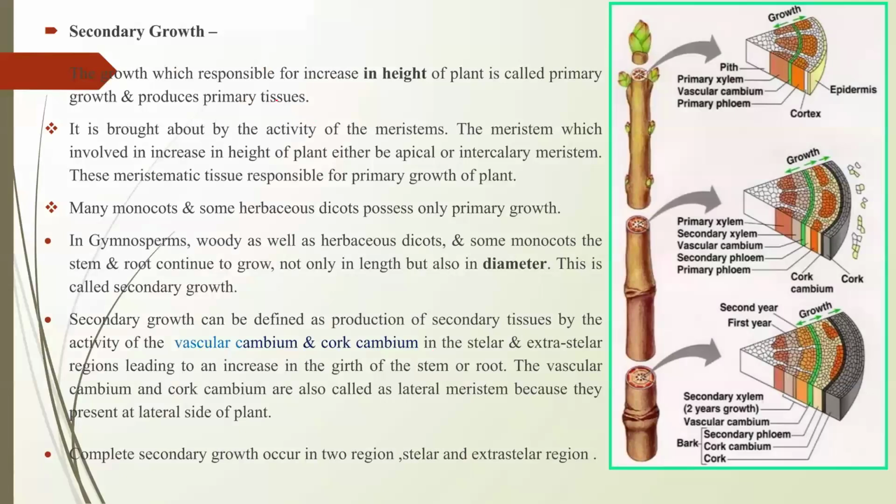Generally, the growth which is responsible for increase in the height of the plant is called primary growth, and it produces the primary tissues. It is brought about by the activity of the meristem, either through the apical meristem or the intercalary meristem.